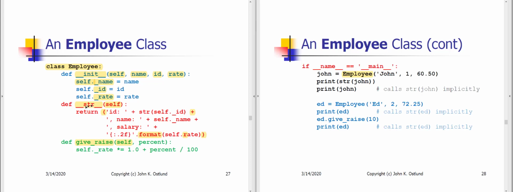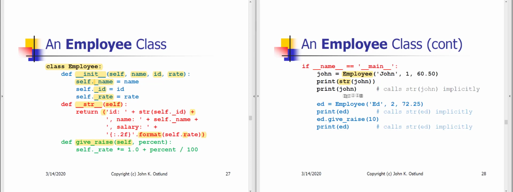Now, because we've defined the str method, I can convert John into a str and display John. So what's going to come out is ID colon space 1 comma name colon space John comma salary colon space 60.50. All right, so that's what will be printed here.